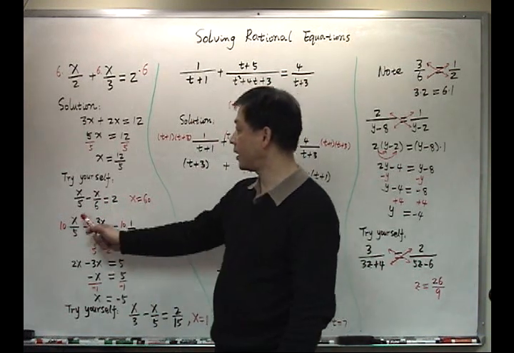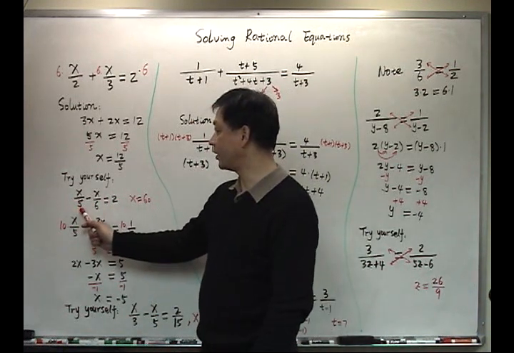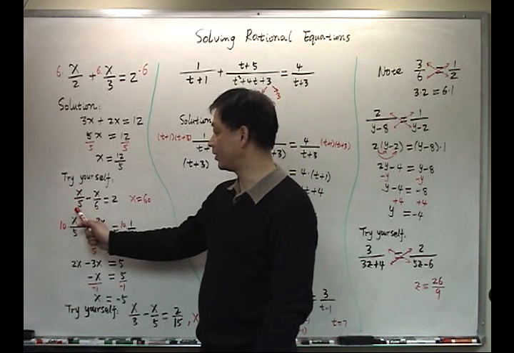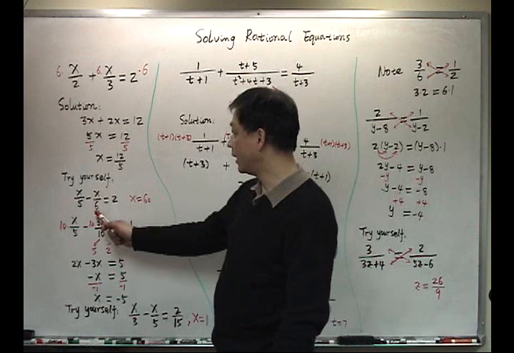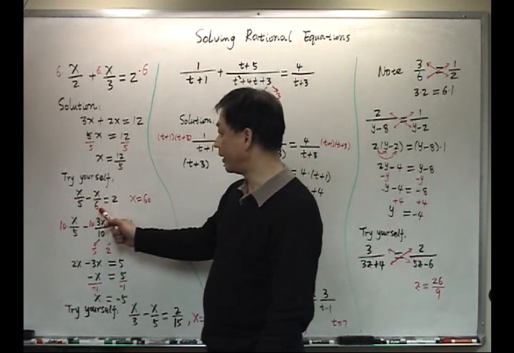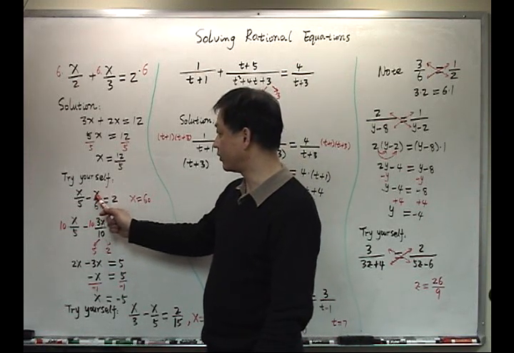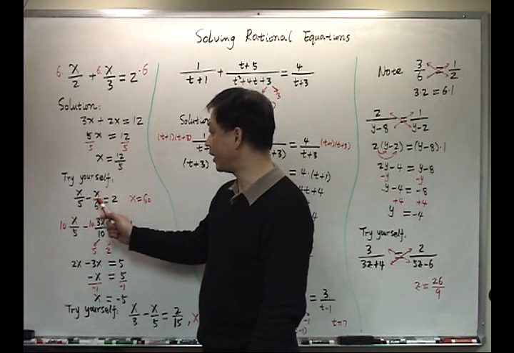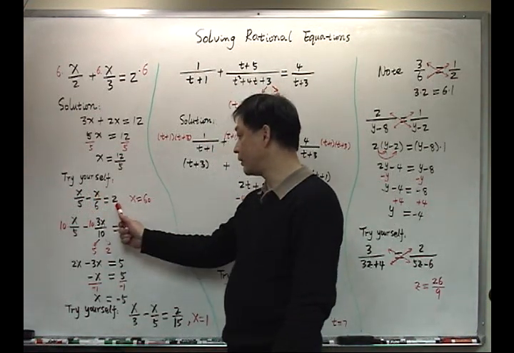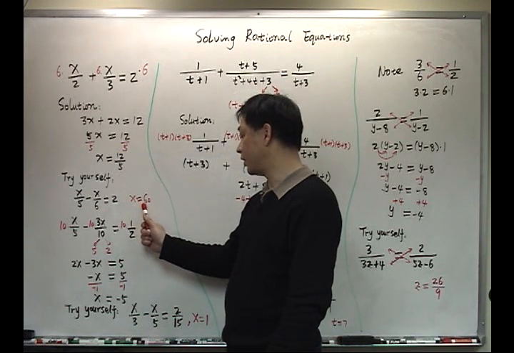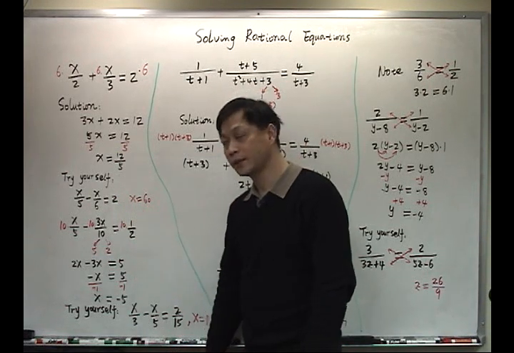You see 30 divided by 5 is 6, so 6x. And 30 divided by 6 is 5. So 6x minus 5x is just 1x. The right-hand side is 2 times 30. You have x equals 60.